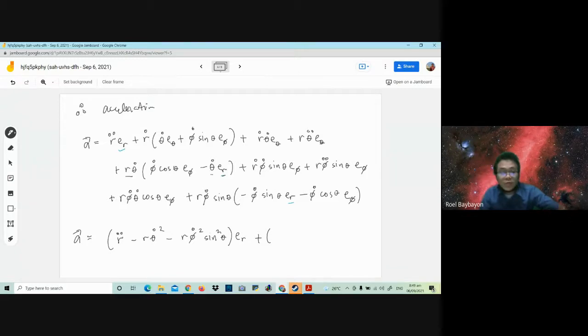if I factor out the E theta, ano na kung E theta ni? Kanina? Ako is sa ka term, duha, tulo, daghan ang E theta, no? Tulo ra de. Tulo ra gyapon. Okay, so I have for E theta, I have R dot theta dot, okay, to isa R theta.